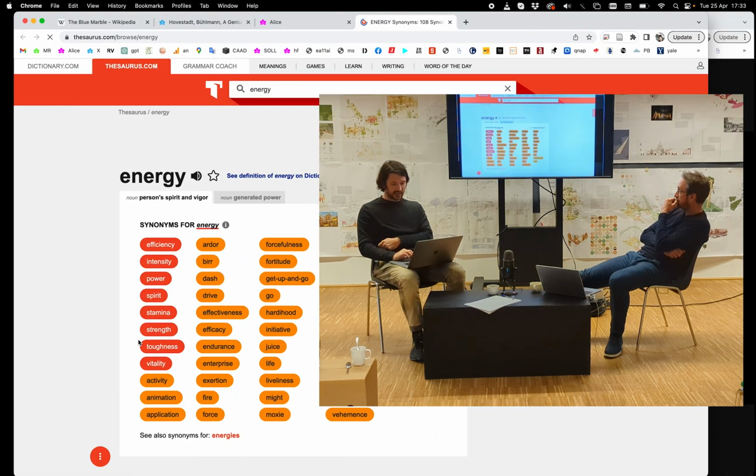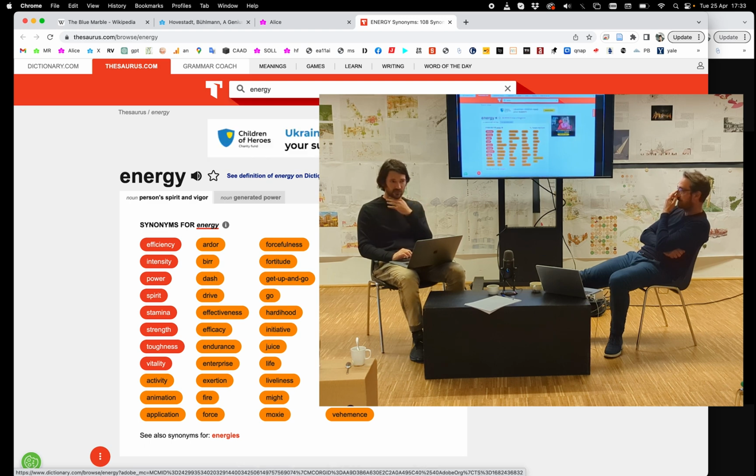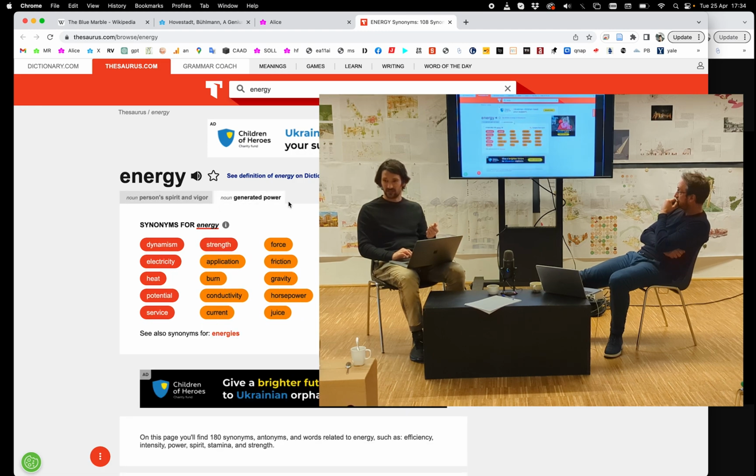We can also do it in a classical way by really looking at language. So we are now just looking at what language is giving us. If we go to a thesaurus or an online dictionary, it's interesting that we have two tabs around energy. One is the person's spirit, and the other one is the generated power. The generated power is the thing that we today actually discuss as energy, and this is something that we can measure.